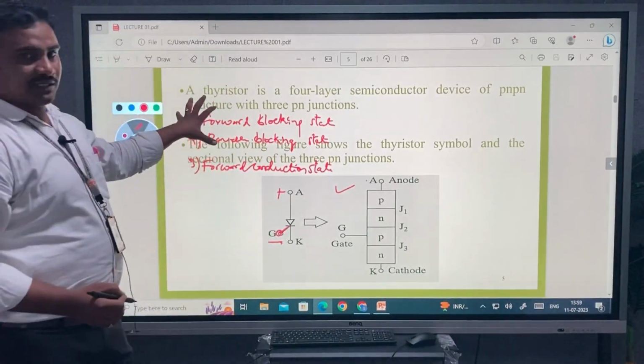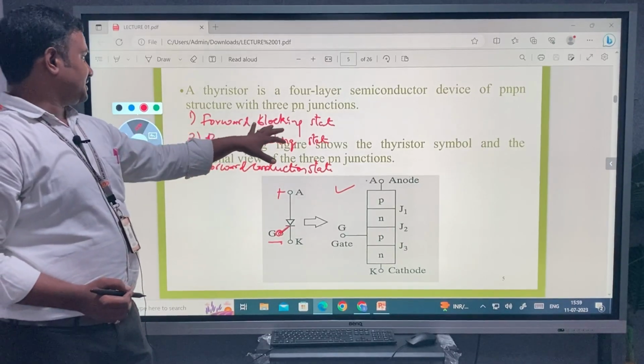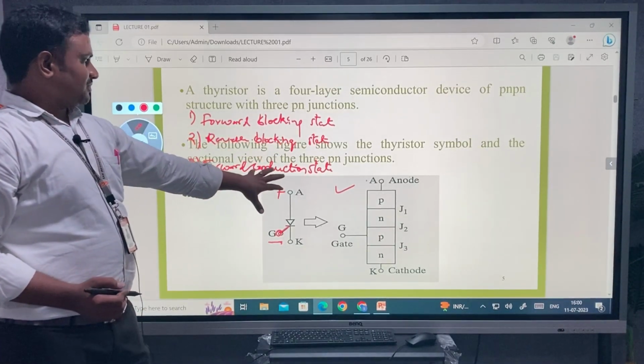So these three are the operating states in the thyristor: forward blocking state, reverse blocking state and forward conduction state.